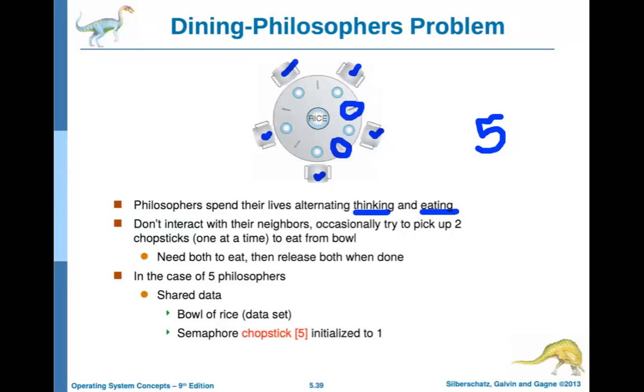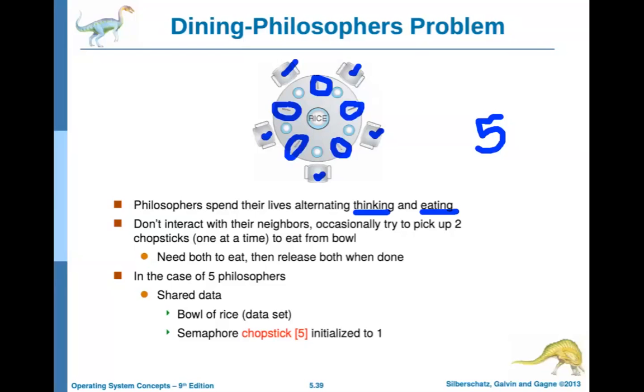So for 5 philosophers, there are 5 chopsticks. You can imagine this like a fork and spoon, but we don't want to distinguish between fork and spoon, so that is the reason the chopstick is utilized there. Okay, and we have plates there, or you call it a bowl.